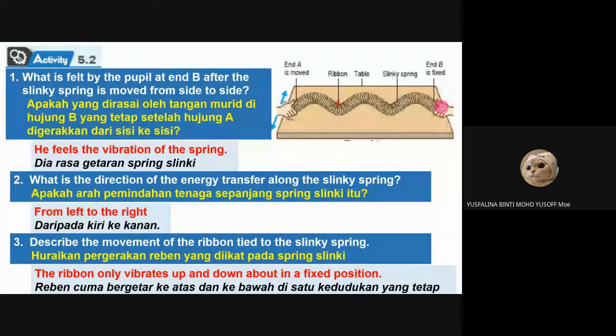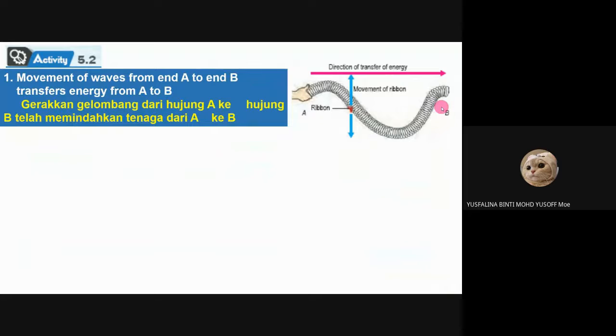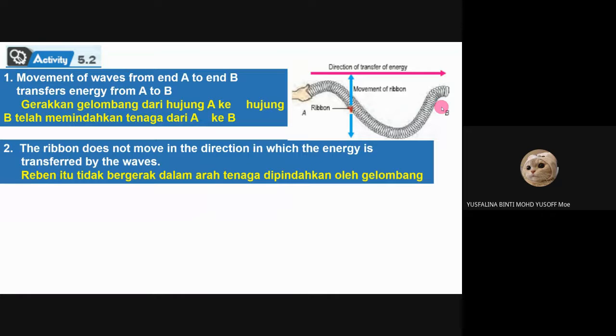So here the wave moves from A to B and transfers energy. The ribbon does not move in the direction in which the energy is transferred by the wave. Only energy is being transferred; the ribbon will not move.